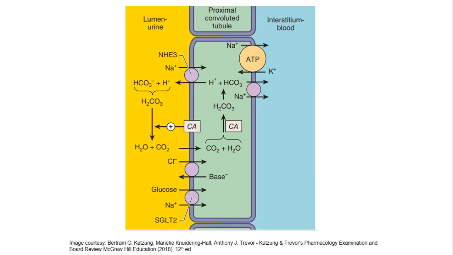So here is an image which is showing the proximal convoluted tubule. Here you can see the proximal convoluted tubule where, as I said, it is site 1 where the carbonic anhydrase inhibitors will be acting. An example is acetazolamide.